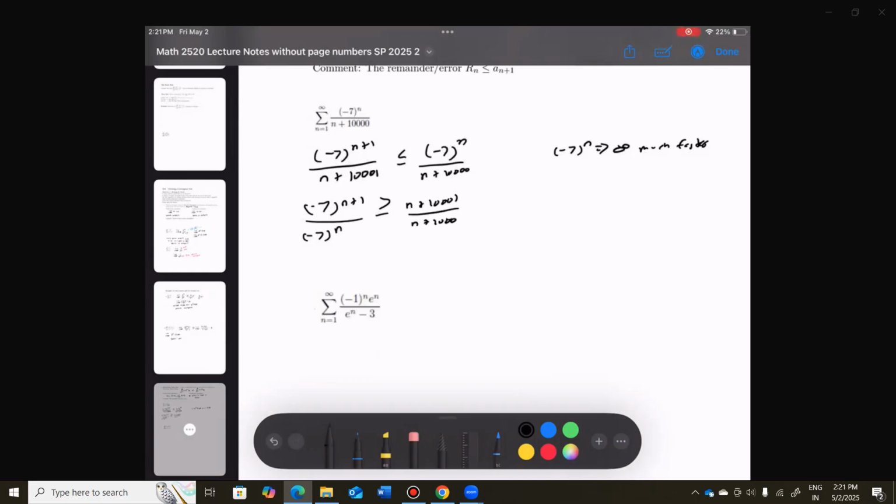And this ends up being negative 7 greater than or equal to n plus 1001 over n plus 1000. This side is always positive. And so negative 7 can't be greater.